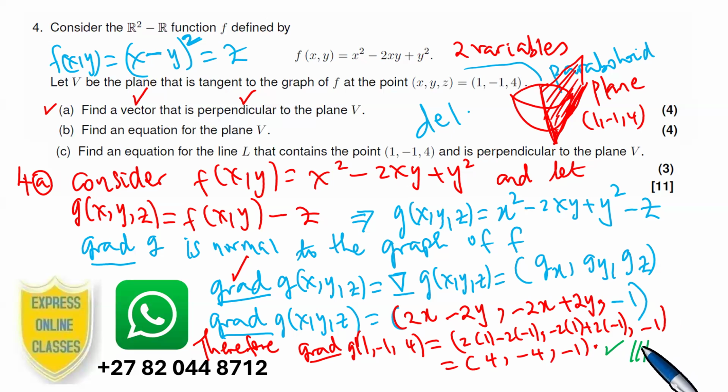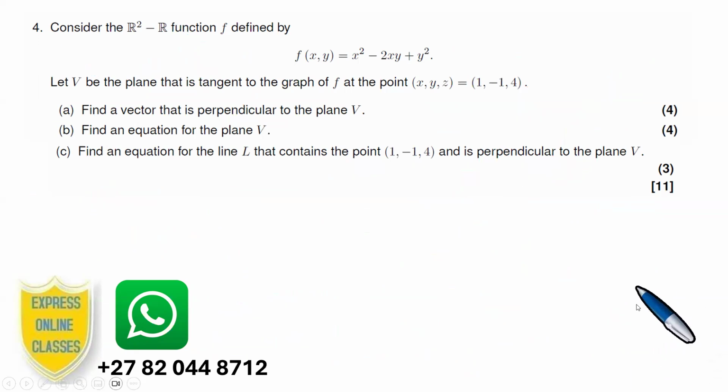Right. Okay. We move on. Next, we need to find an equation for the plane V. How do we find an equation for the plane V? Right, so we continue.